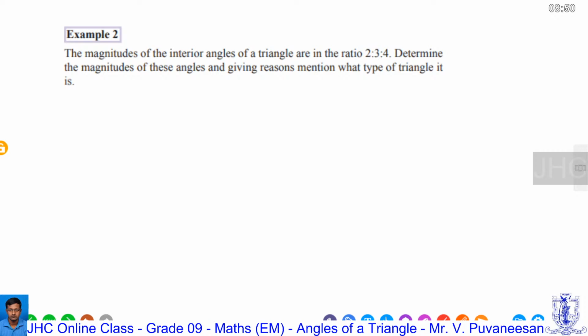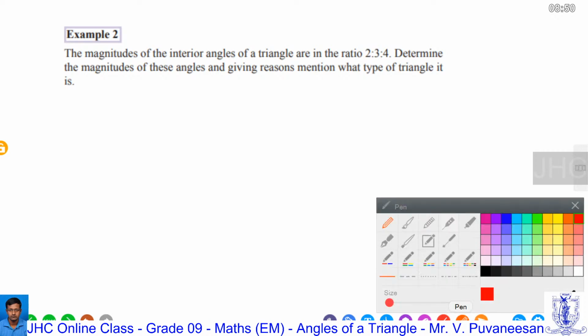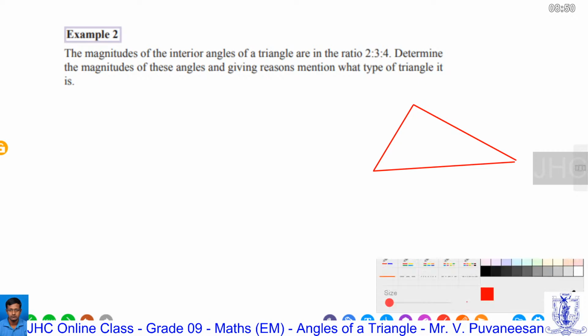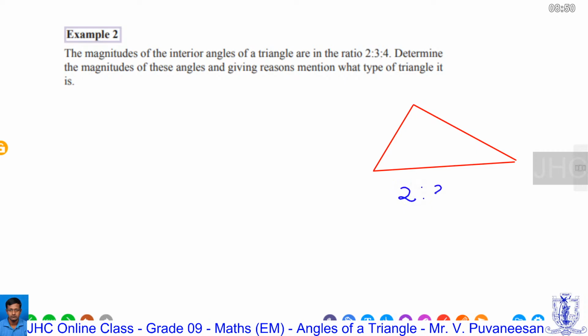So first we have to find the magnitude of these three angles of this triangle. Okay? So this is a triangle, any type of triangle. They say the angles are in the ratio 2:3:4.